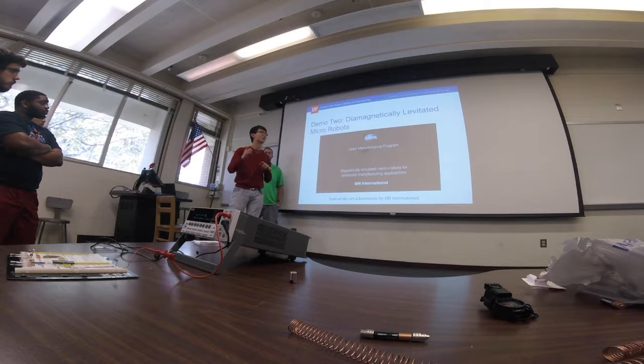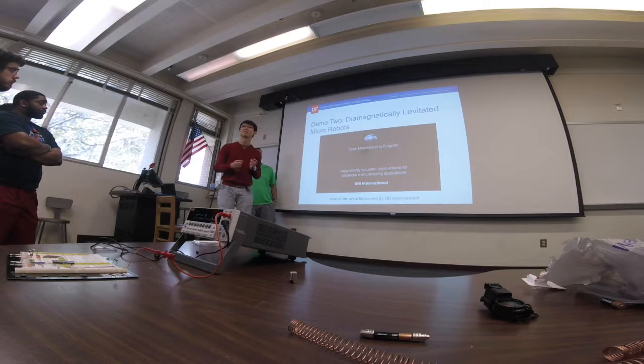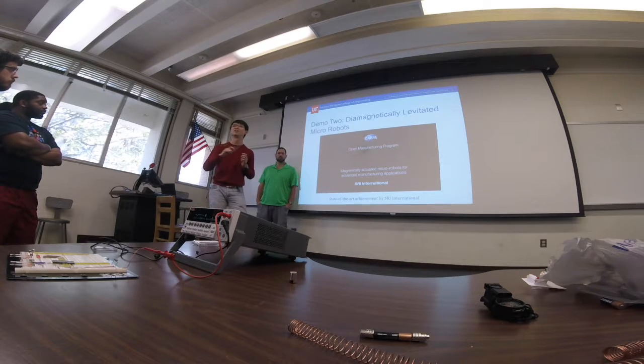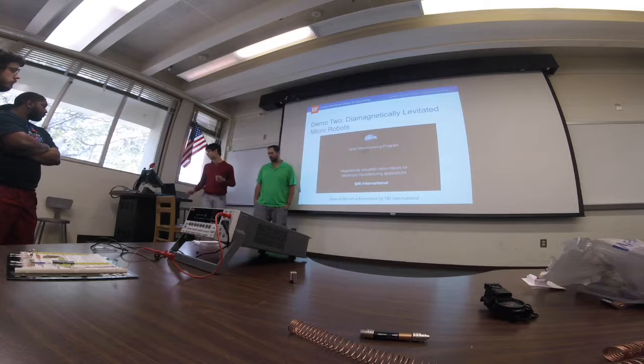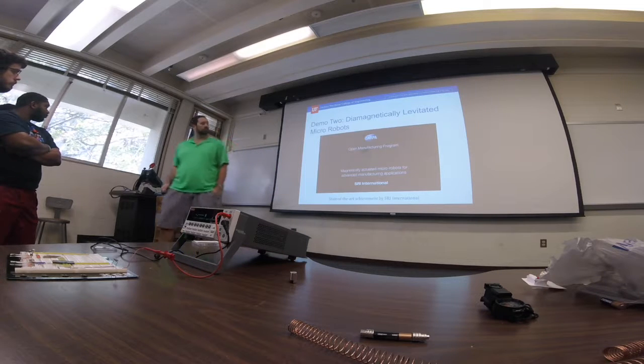That means we need to attach what's called an end effector to that small magnet. The end effector is a very general term. It means some device that can interact with the environment. I will show some of the most advanced technology that people are working on.